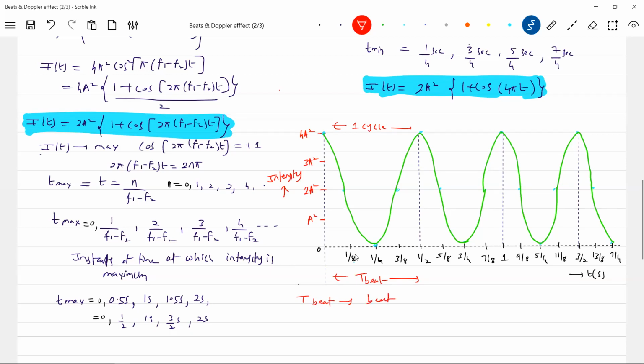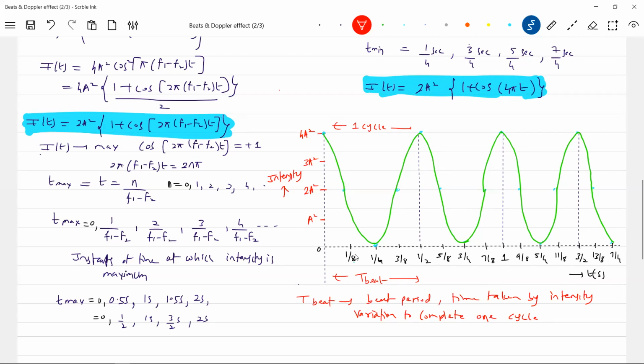This is called a beat period: the time taken by the intensity variation to complete one cycle. Do you agree with this one?